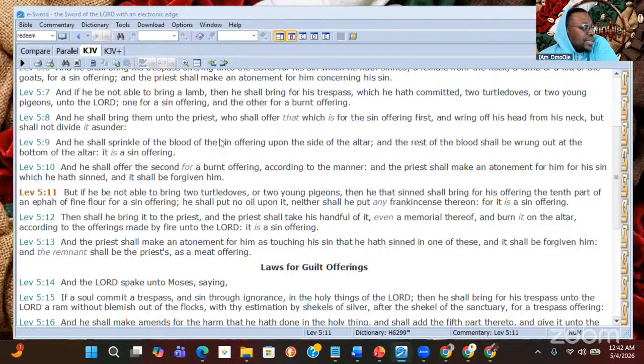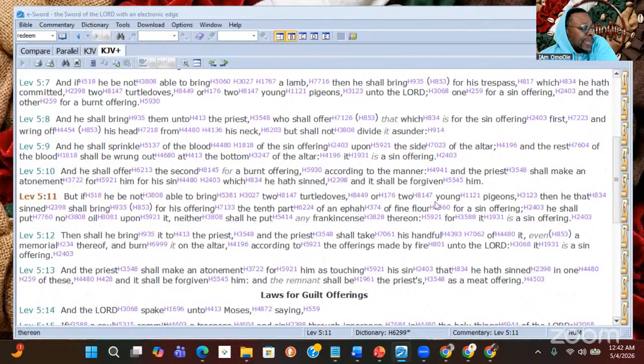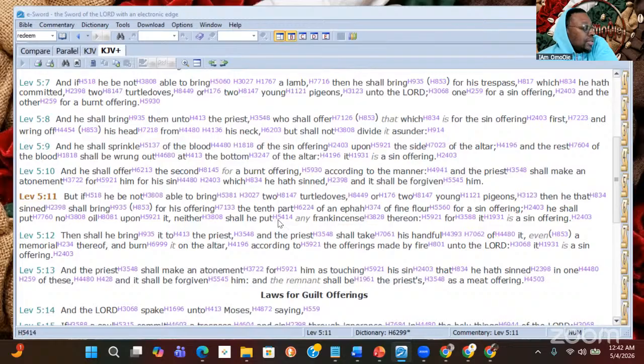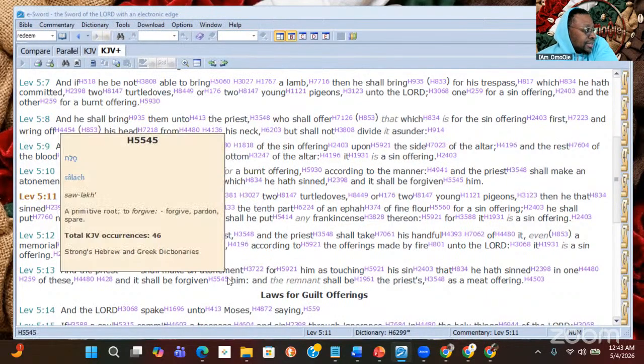What is the word for frankincense? Labona, whiteness. Whiteness, or perhaps from its smoke, the whiteness of its smoke. So labona is frankincense.